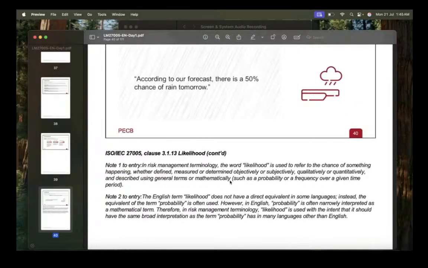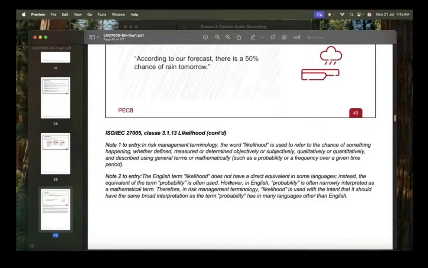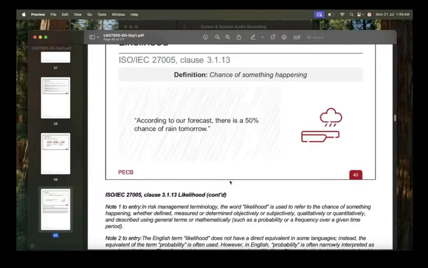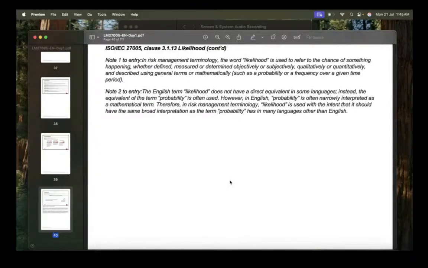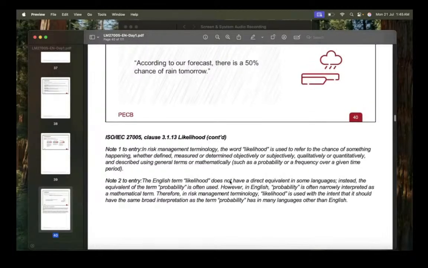It can be qualitative, it can be quantitative, and it is basically the chance of something happening. Like, what is the probability of something happening? Just for a recap, we understood events, we understood opportunity, we understood consequences, and then we discussed likelihood.